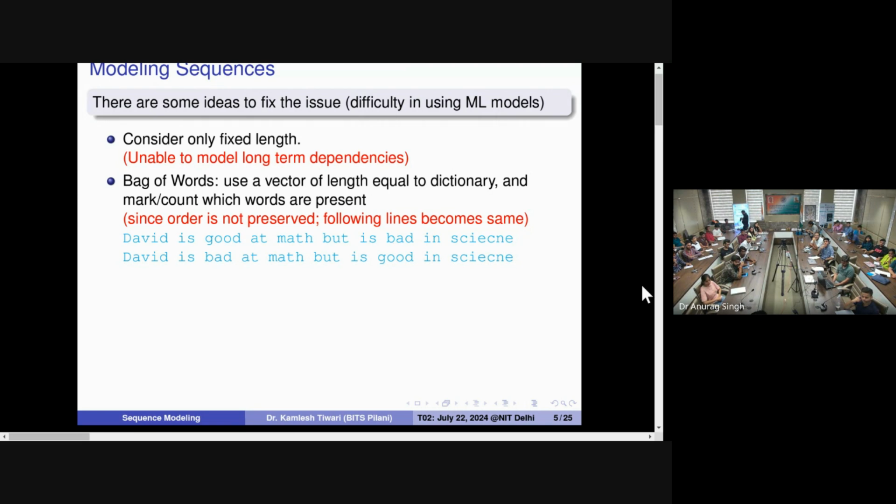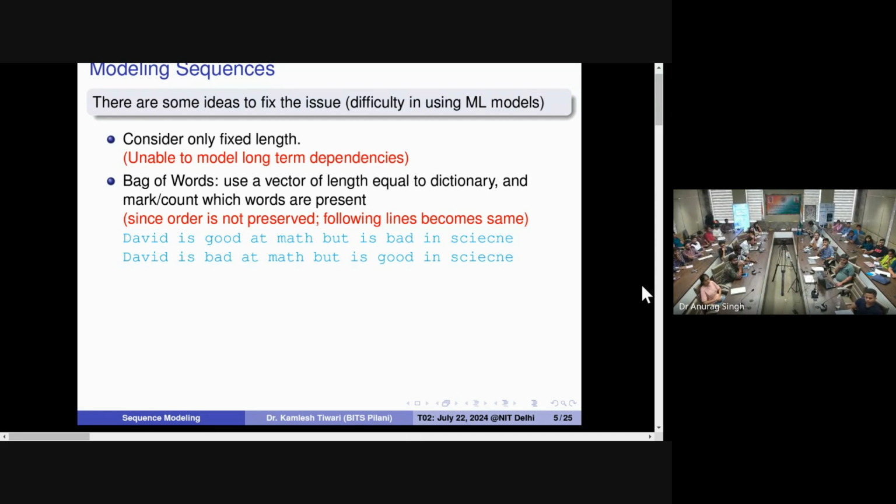Again, it's a very good solution, but it has very serious problems because you are actually destroying what? You are destroying the sequence, whatever way the words can come. And sequence is the most important thing, and you have destroyed that. Just see these two sentences. David is good at math, but is bad in science.